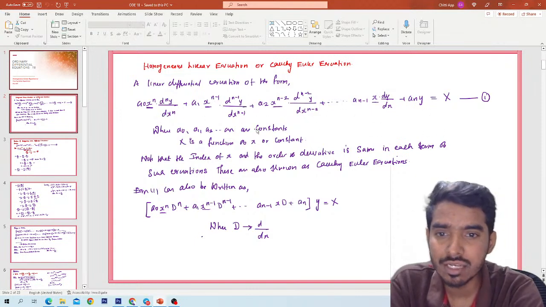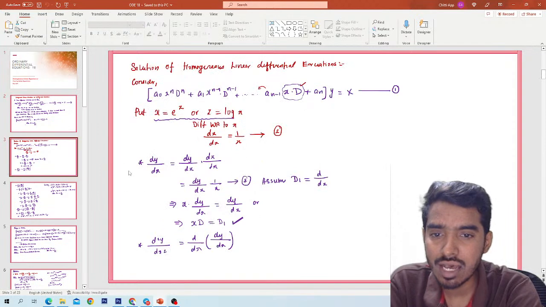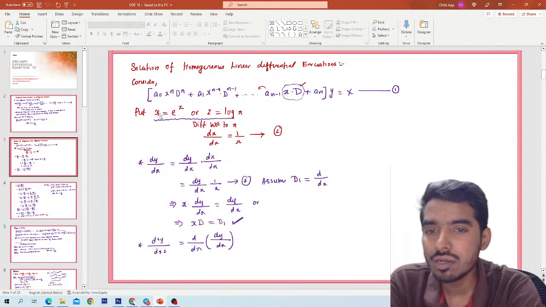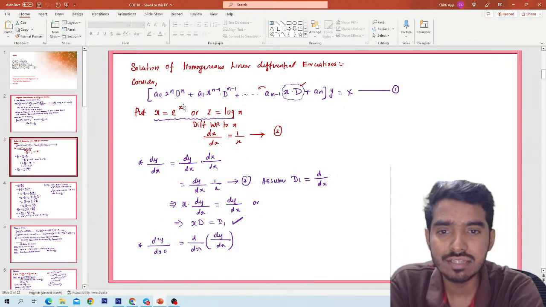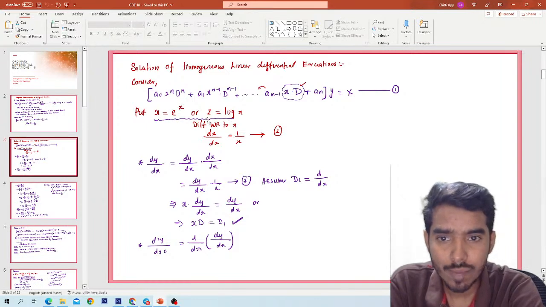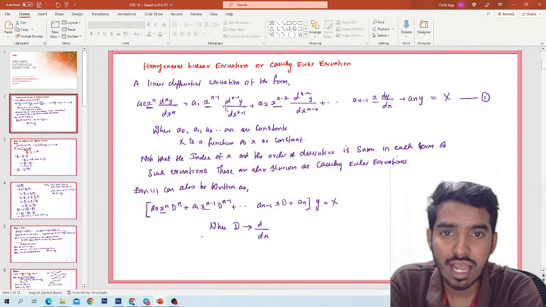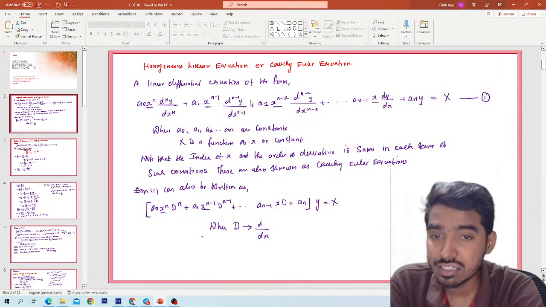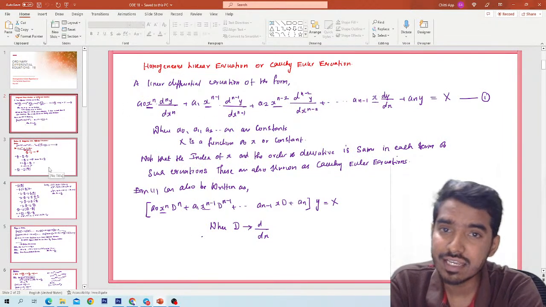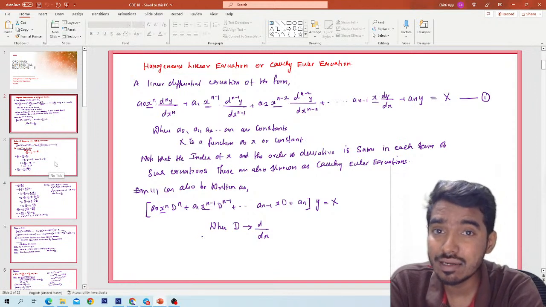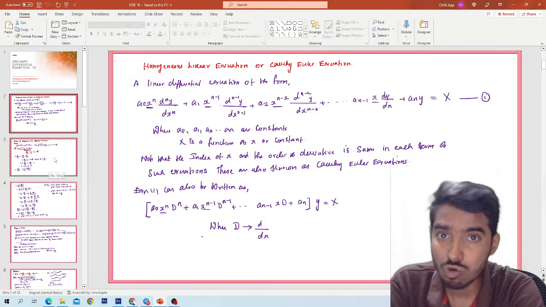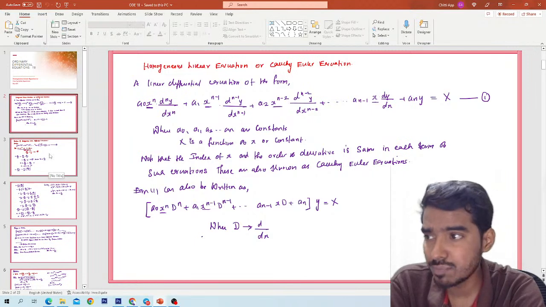For this, we use the substitution x equals e^z, so that z will be log x. By this substitution, the Cauchy-Euler equation reduces to a second or higher order linear differential equation with constant coefficients. That is what we discussed in the previous class.